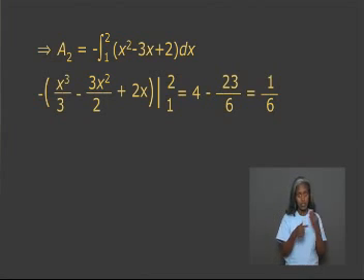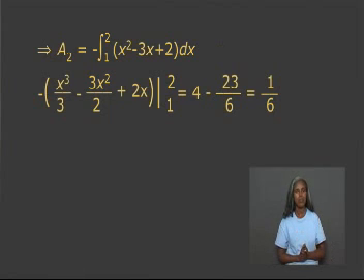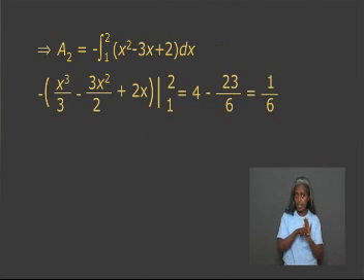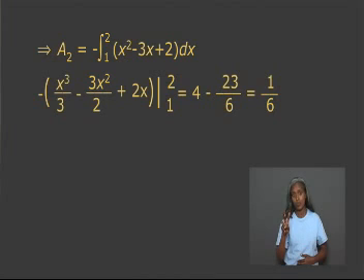Since it is below the axis, the integral is negative. Specifically, it is the negative integral from 1 to 2 of x squared minus 3x plus 2 with respect to x.